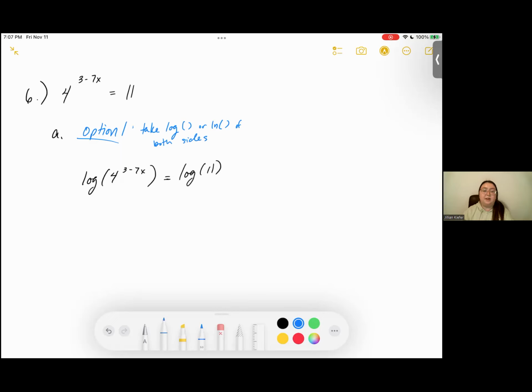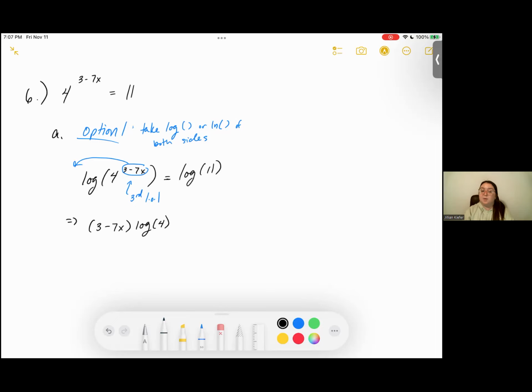So what happens here now is that since we have an exponent, we can use that third law of logarithms to take the 3 minus 7x out into a coefficient. So the third law of logarithms will allow us to take the expression, bring it out to the front. This is going to give us 3 minus 7x times log of 4.